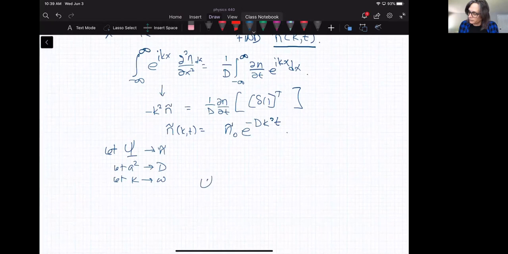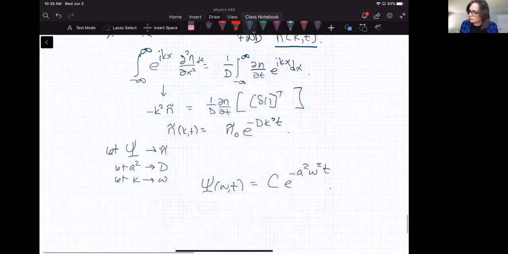You would find essentially the same thing. The Fourier transform for a heat diffusion problem would be psi of omega, t is equal to some constant times e to the minus a squared omega squared t.